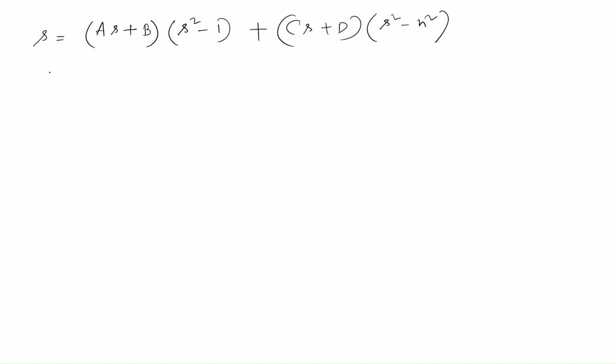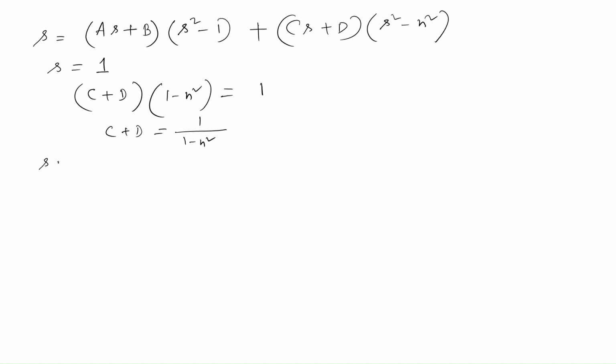Now let us take s as 1. So we'll have this term as 0 and here c plus d, and here s is 1, so 1 minus n square, right hand side 1. So c plus d is 1 by (1 minus n square).